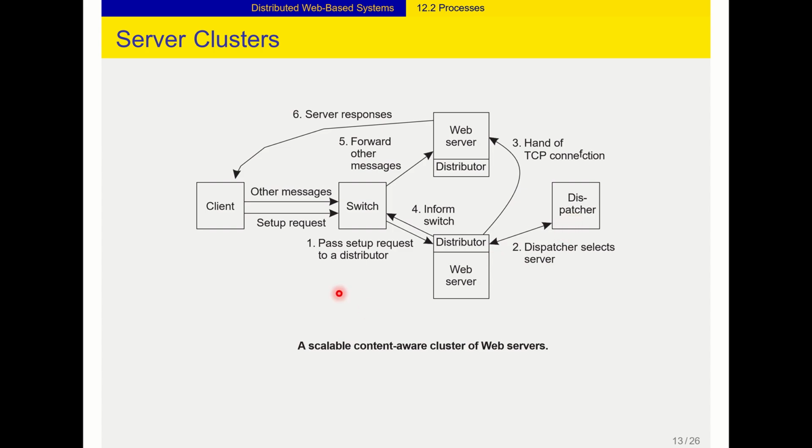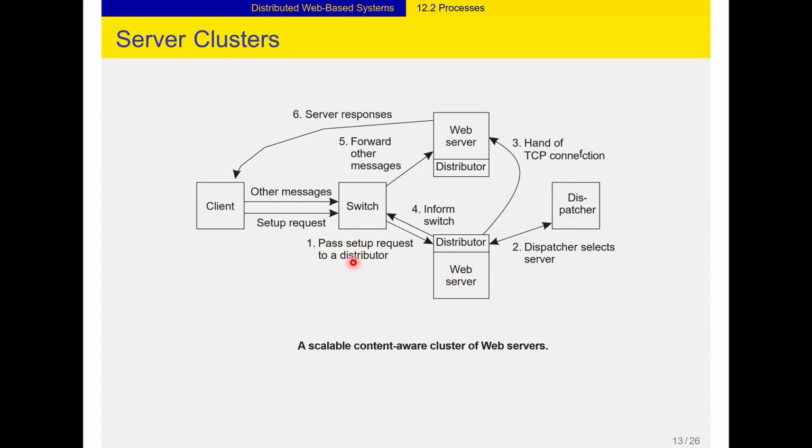So in here, for step 1, the switch will receive a request from the client. The switch, as we know, because it's layer 4, cannot look inside the content, because the content of the packet is still encapsulated and not yet transmitted.